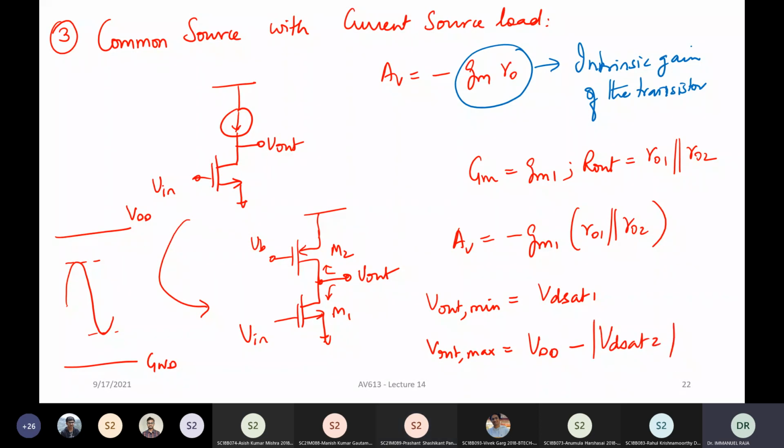Or rather, you can say the mod of VDsat2 or VSDsat2 or whatever you call it. But ultimately, we all get the point, right? There is a VDsat of your PMOS transistor. You want both your transistors to be in the saturation region, and as long as both are in saturation region, you can have your nice signal swing here. All right, this is your output signal swing.